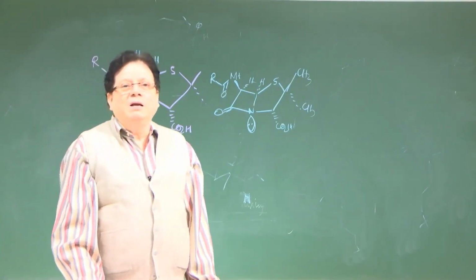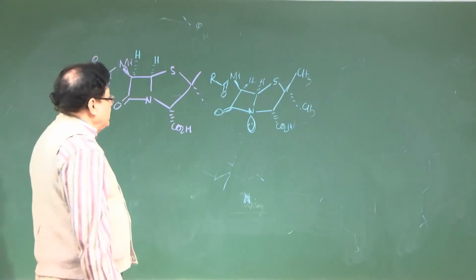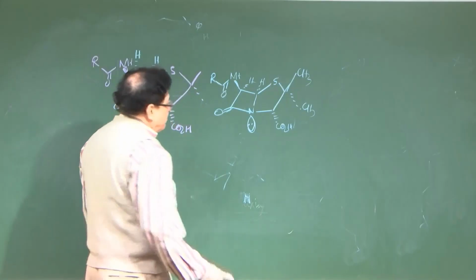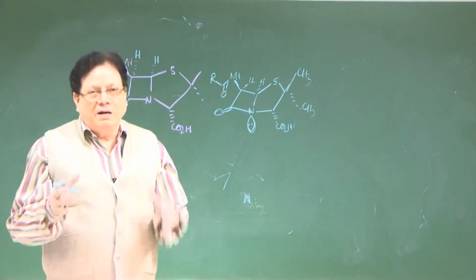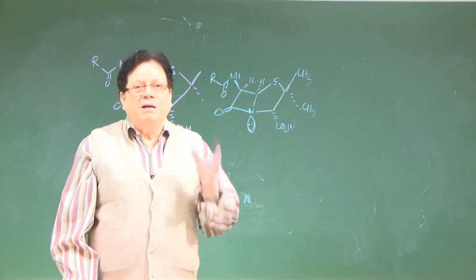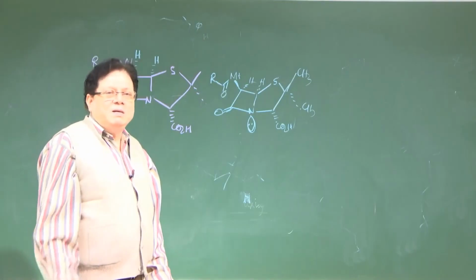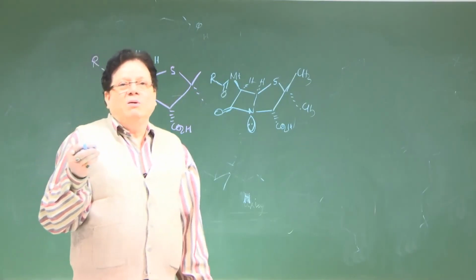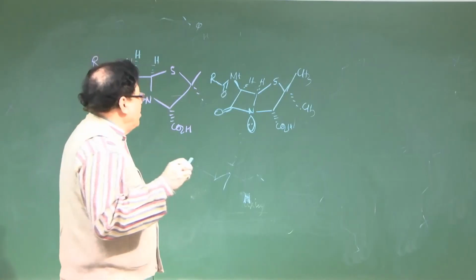We are not going any deeper into that, but the biological activity is dependent on the attack by a target enzyme, a target protein, onto this molecule. So, basically a protein molecule with a nucleophile attacks this penicillin molecule.